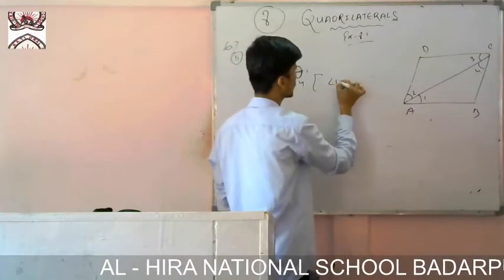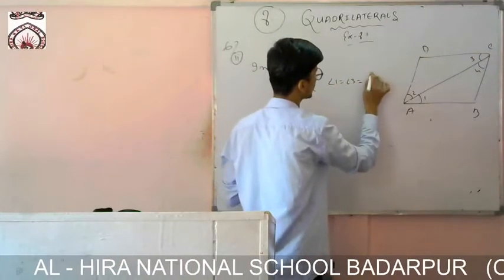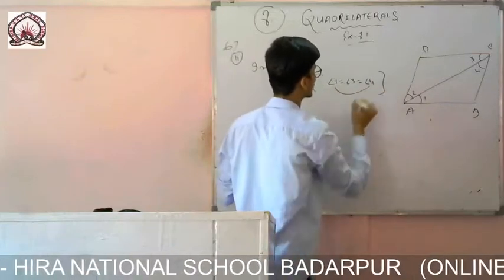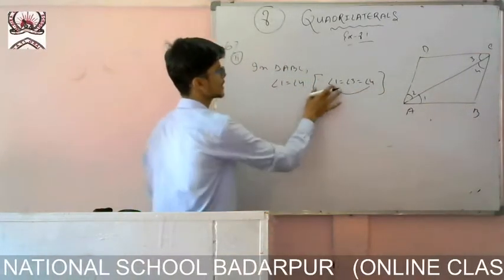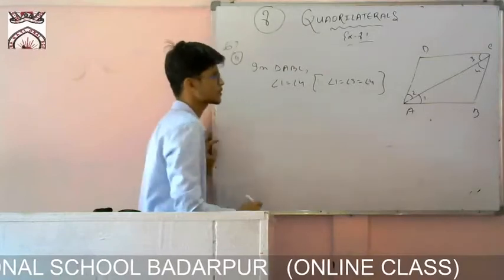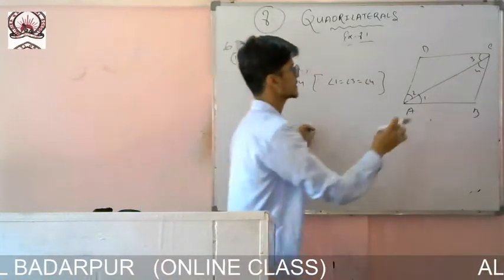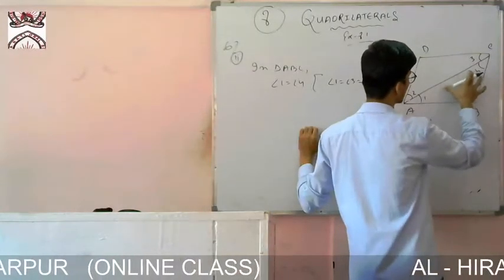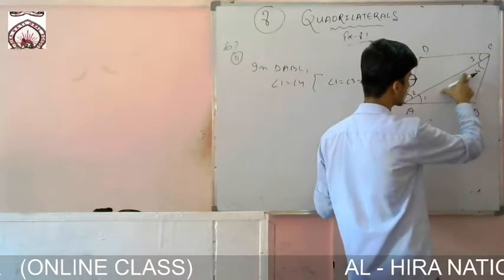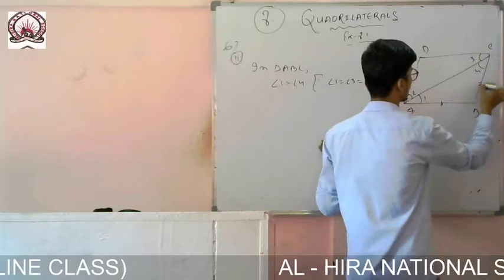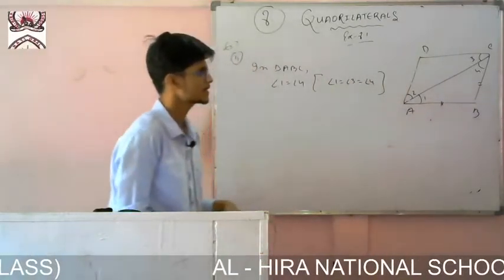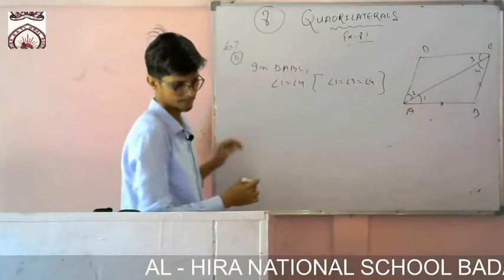So I can write angle 1 equals angle 3 equals angle 4. In a triangle, if angle 1 is equal to angle 4, that means the opposite sides are also equal, that is AB will be equal to BC.